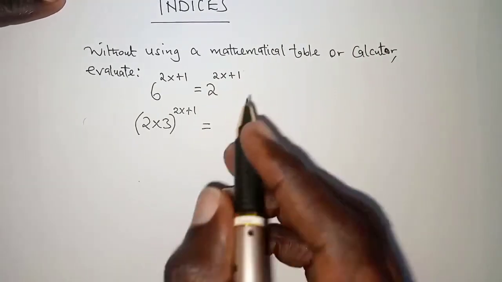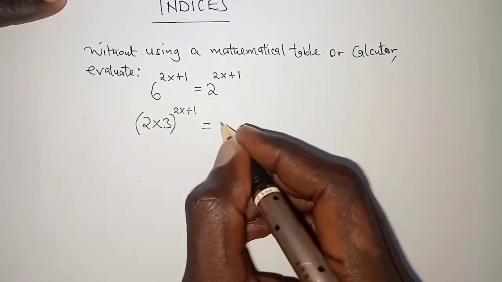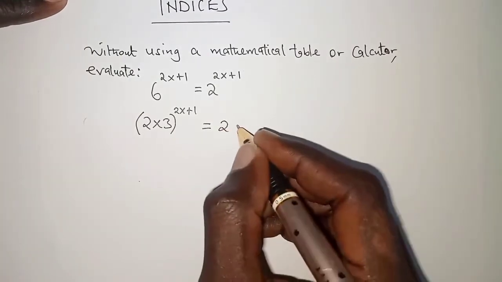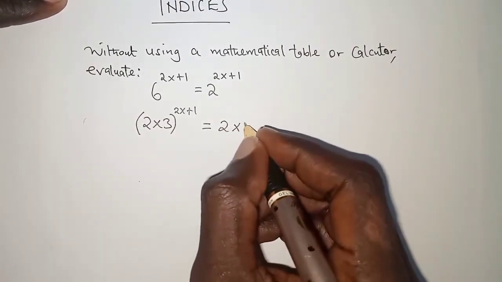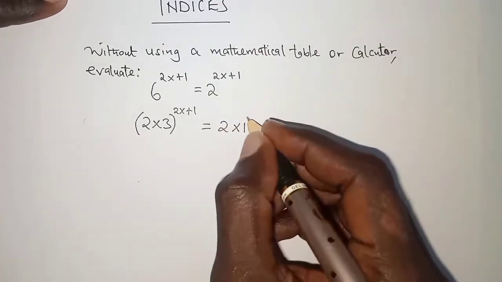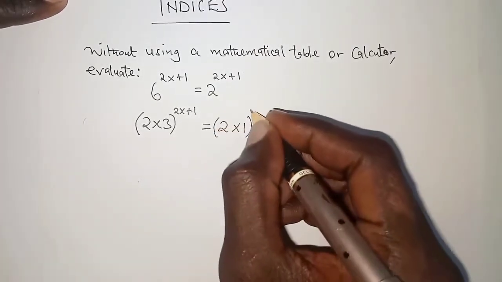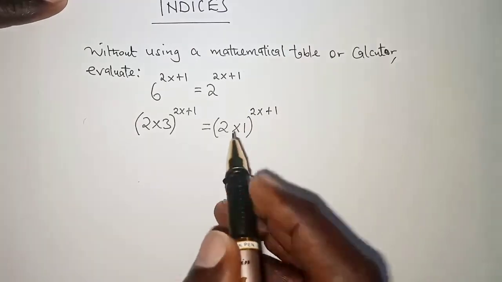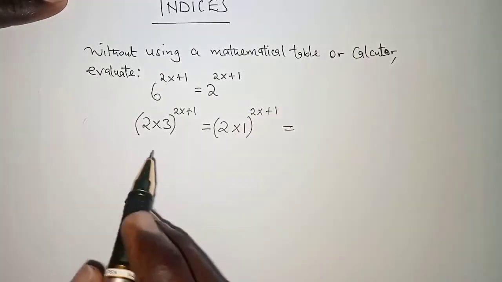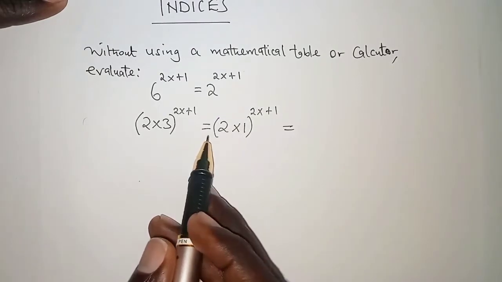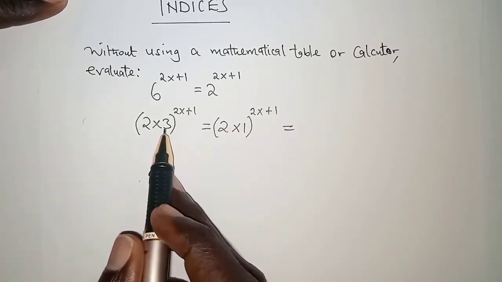So what are we going to do here? Let's just have it 2 times 1 raised to power 2x plus 1. Now, 1 here can also be expressed. Remember, our goal is to express this bracket as 2 times 3.